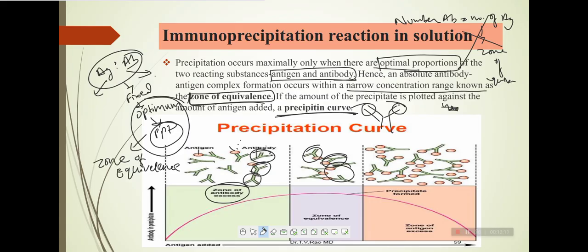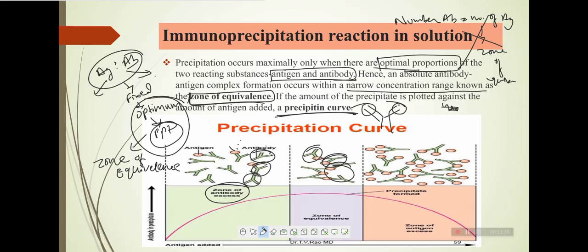It depends on the optimal proportion, because one antibody has two paratopes, and some antigens have more than one epitope. So it is the optimal proportion of the two reacting substances, antigen and antibody.